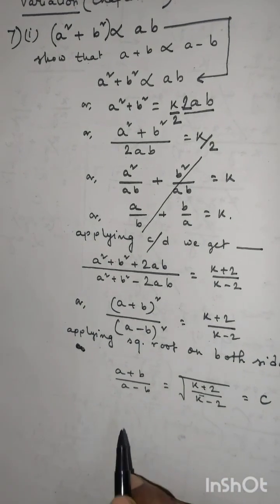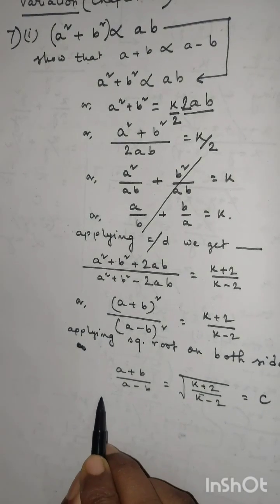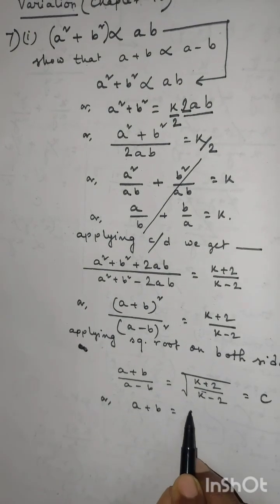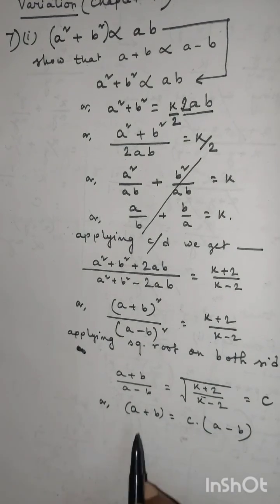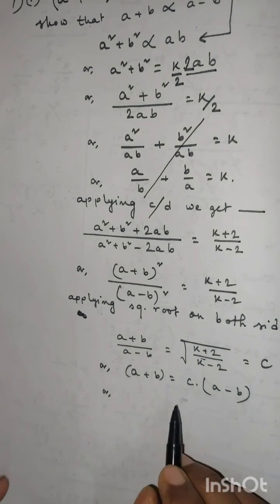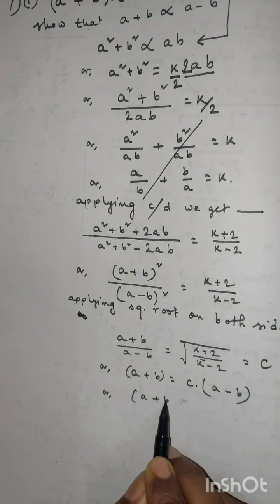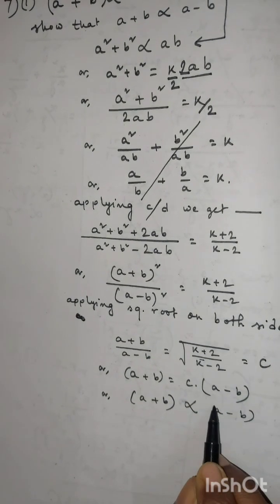So we can write it like this: a plus b equal to c into a minus b. Or simply we can say a plus b is directly related to a minus b.